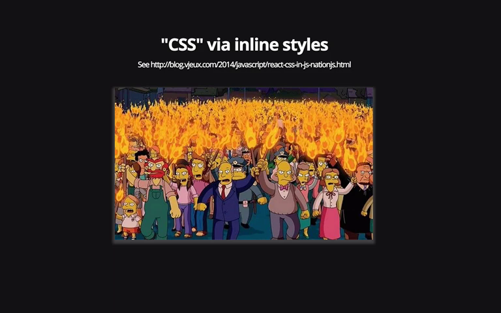This is funny. Christopher Chedeau, who is one of the creators of React Native, did a talk about inline styles with React, and he used this exact photo from The Simpsons as an example of the reaction on Twitter after his presentation. People were not very happy with it, but it's an interesting approach.